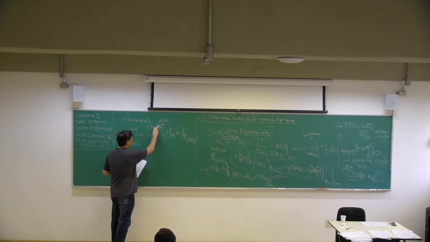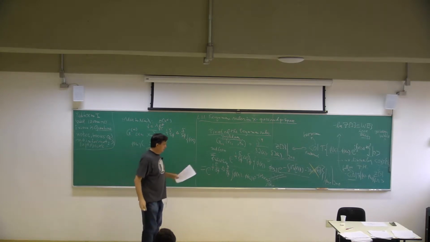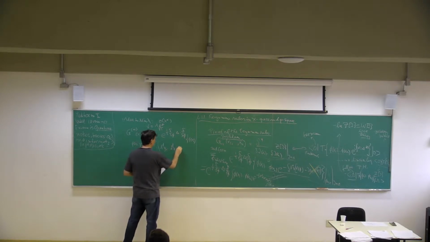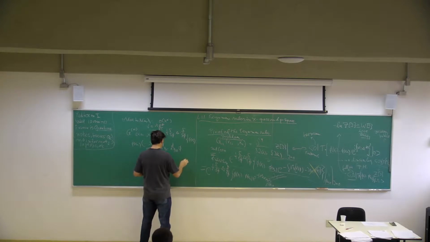And then we look at lambda to the n in the exponential. That is to say, we consider here minus lambda to the n over n factorial from the exponent there, and then n integrations, let's call them y1 until yn.